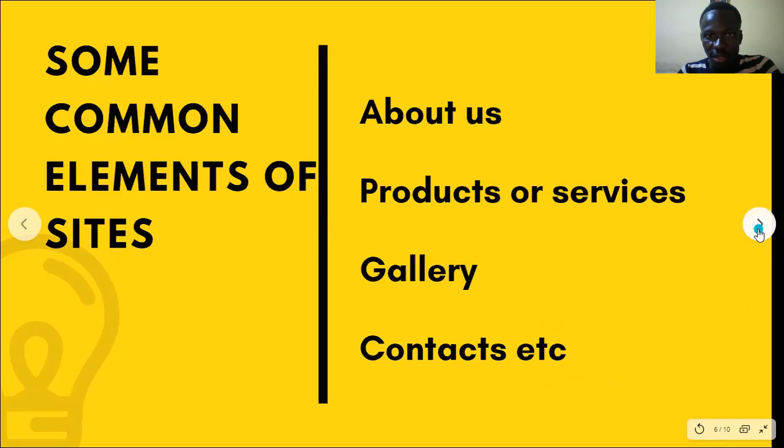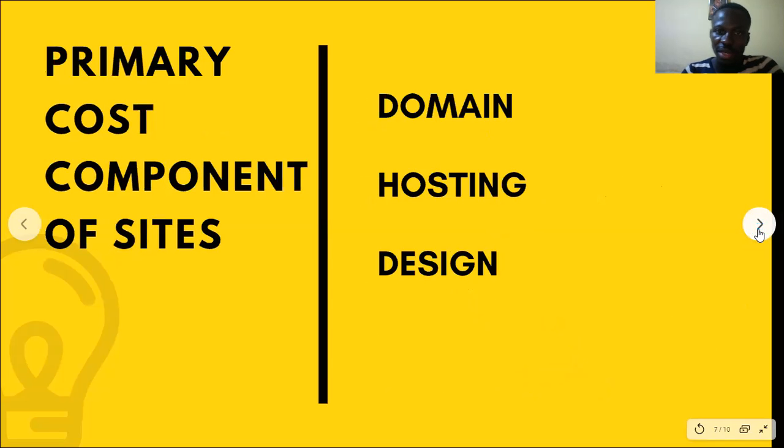Okay, so let's go to the next. Let me quickly brush through this and then we start work. I have this here, the primary cost component of every site. Let's look at it like a traditional business. When you have a traditional business, before you get into business legally, you should register your business. It's almost the same with the site.